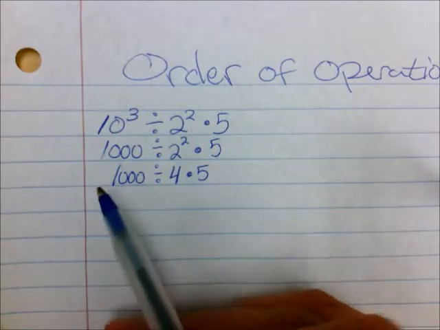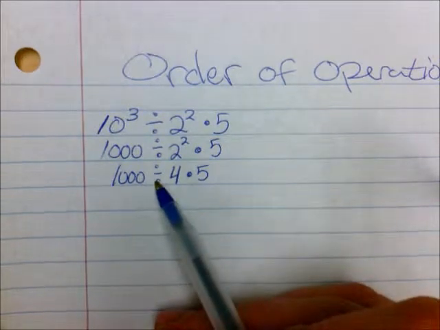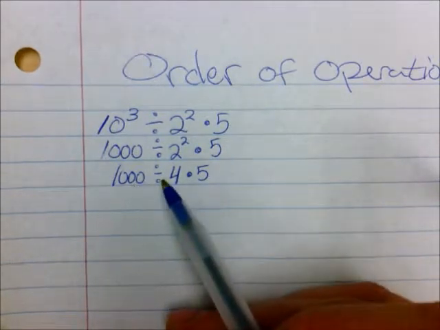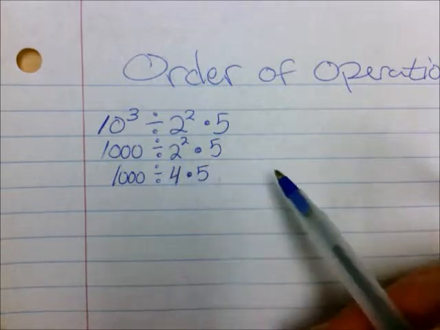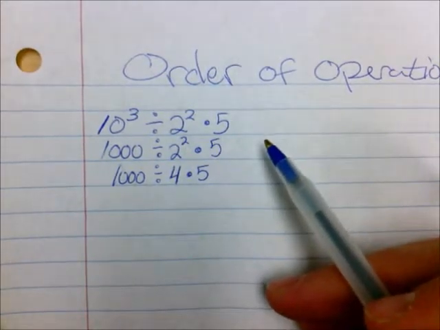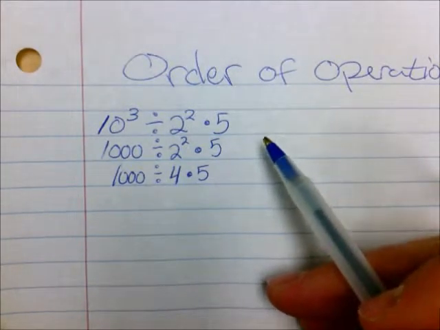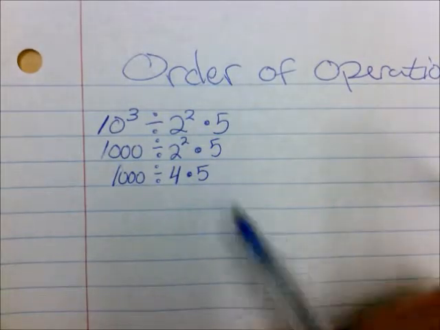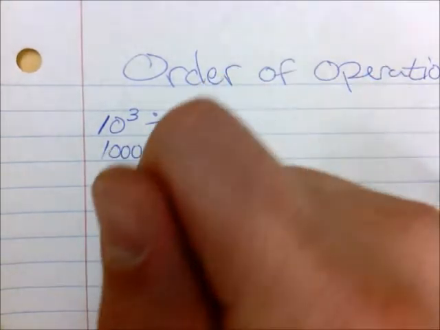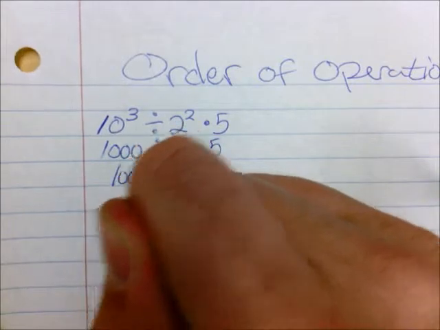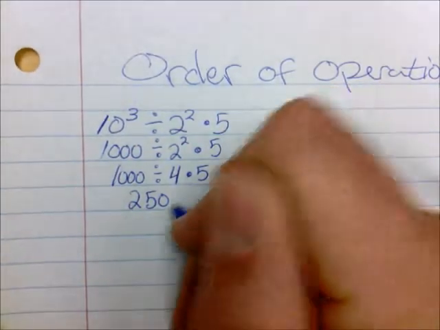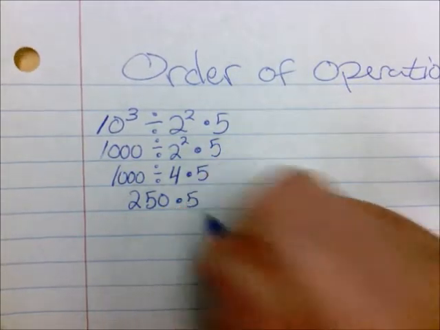So, just like I read a book, I see the division problem first. 1,000 divided by 4. I don't need to do any long division. Students are allowed to use a calculator now. I don't need to see that extra work. So, 1,000 divided by 4, that is 250. All right, so 250, and I bring down that times 5.